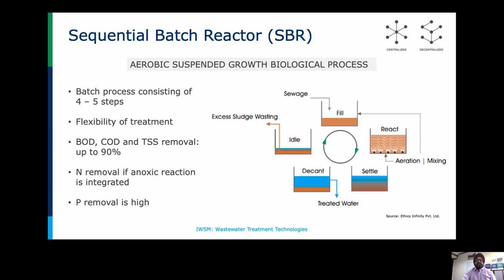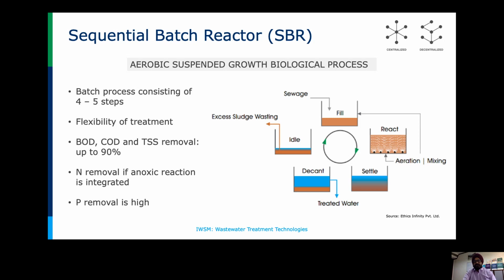A sequential batch reactor, as the word says, is a reactor which is in sequence. So this is done by ensuring that there is more than one batch of treatment happening. So you may have 2 or 3 parallel systems where one unit is shut down and the second unit is operating, and then the second is shut down and the third one is operating, depending upon the inflow of the sludge.